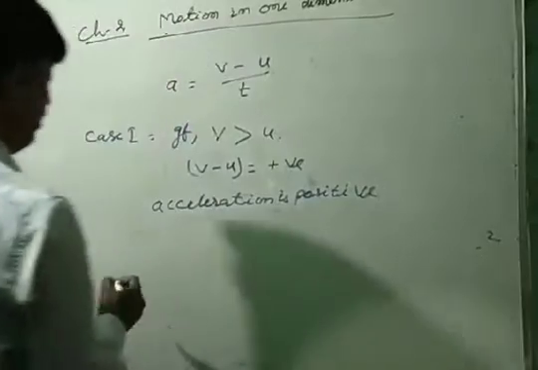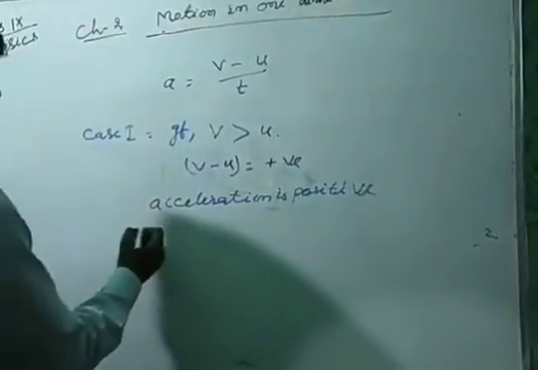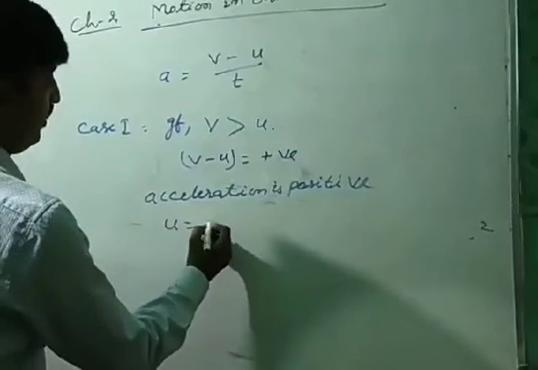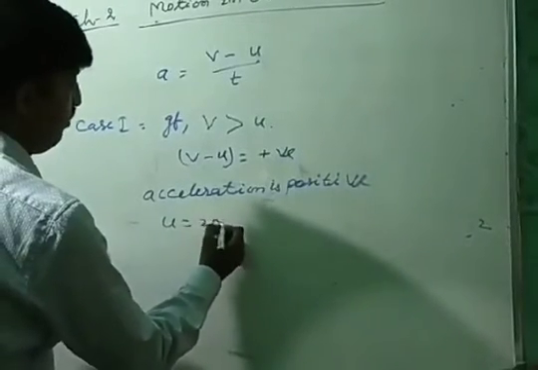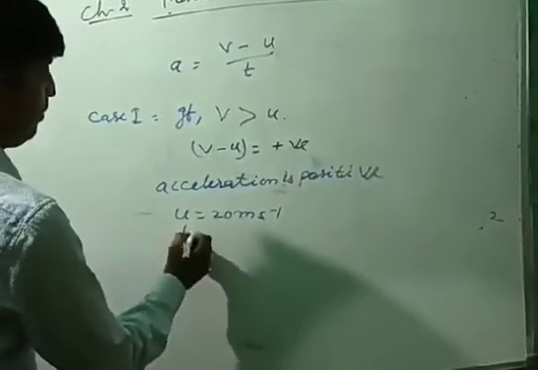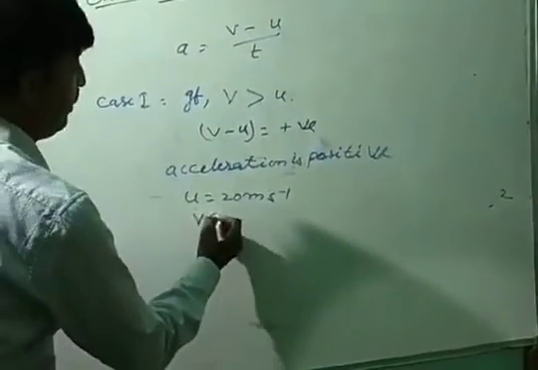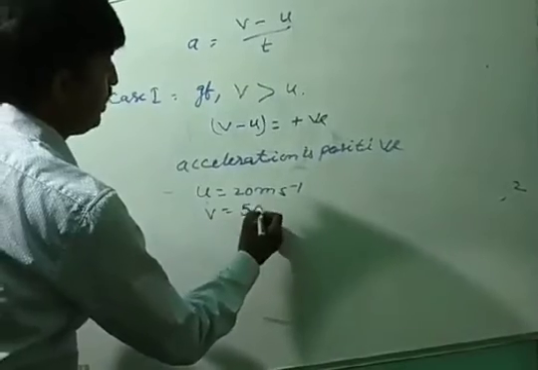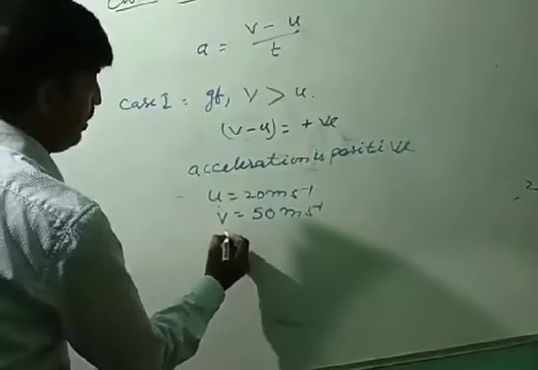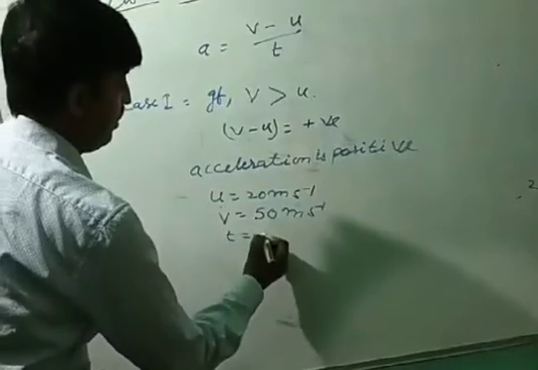Take an example. Let the initial velocity of a body be 20 meter per second, the final velocity v be 50 meter per second, and the time taken be 10 seconds.